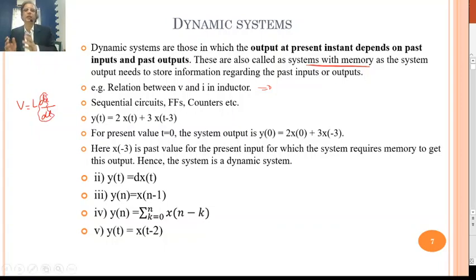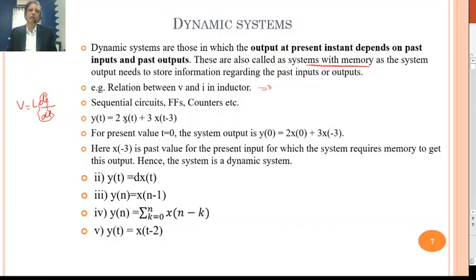Differentiation is nothing but the difference between the present value and the previous value, meaning it depends on the previous value, the past input, and this system is called a dynamic system. An example in the digital domain is sequential circuits, whose output depends on the present input as well as the previous input. Flip-flops and counters are sequential circuits.